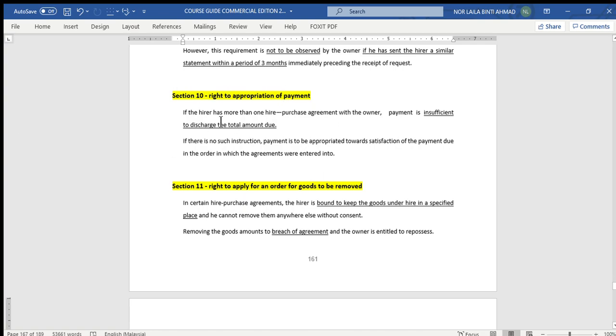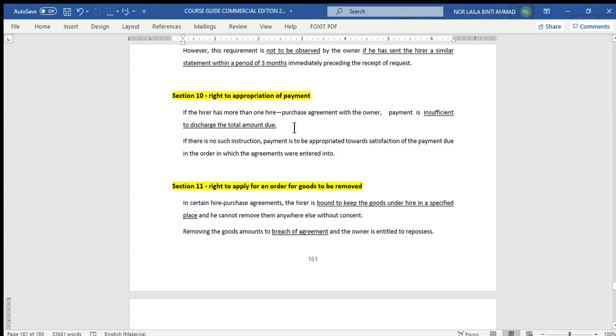Okay, Section 10, right to appropriation of payment. This is where the hirer has more than one hire purchase agreement with the owner, and payment is insufficient to discharge the total amount due. If there are no such instructions, payment is to be appropriated towards satisfaction of the payment due in the order in which the agreements were entered into. For example, let's say ada 2 hire purchase agreements with the same owner.